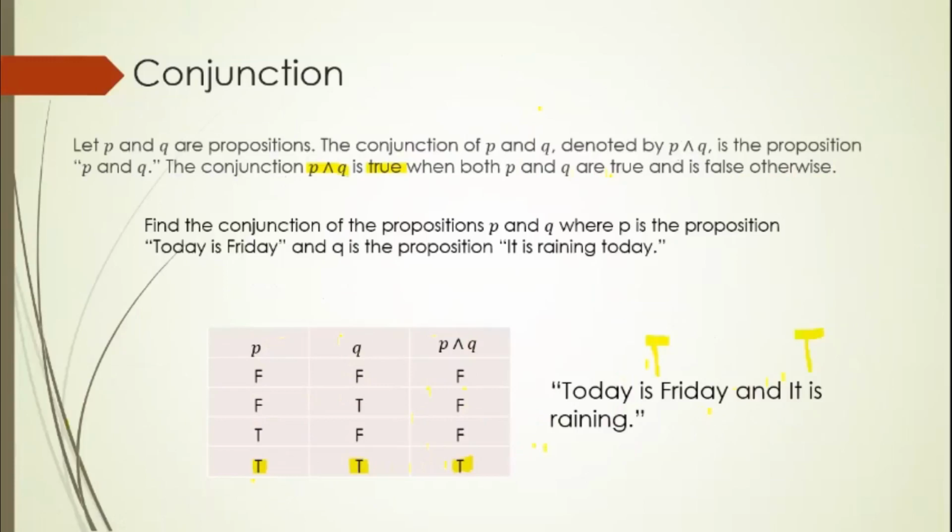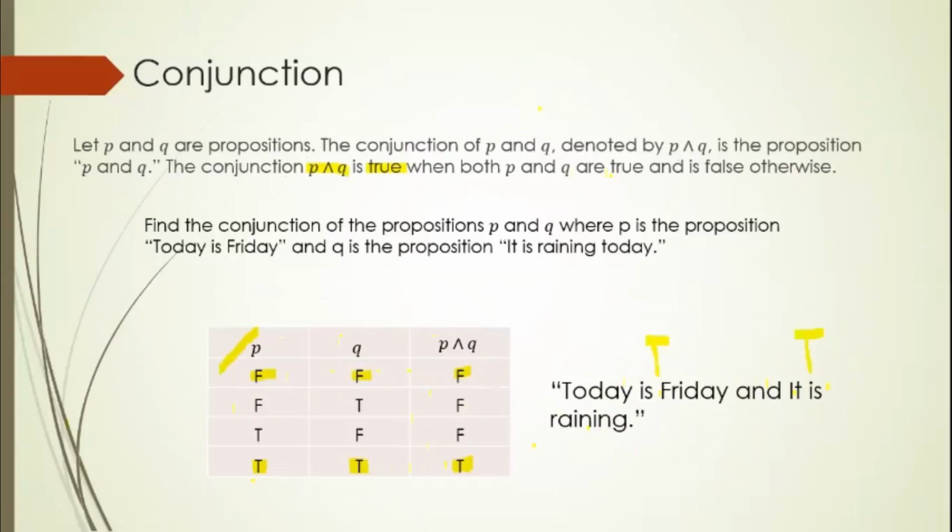So how will we make this statement follow this condition? Today is not Friday, so we are going to negate this. Today is not Friday and it is not raining. So that is for the first condition.